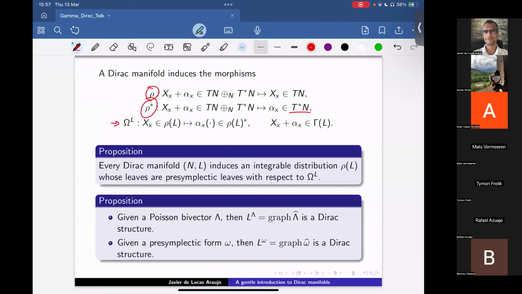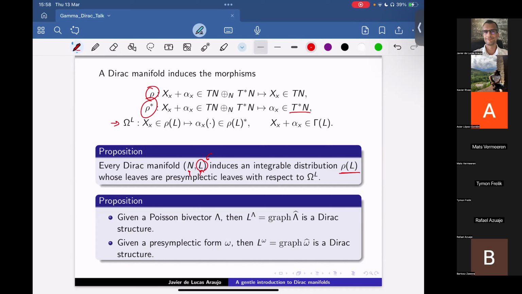The first thing you have to take into account when you have a Dirac manifold is that you have the manifold N and the subbundle, and now if you project the subbundle onto the tangent space, you will get a certain generalized distribution, something on the tangent space to N that at every point has a different rank, and it turns out that it's integrable.